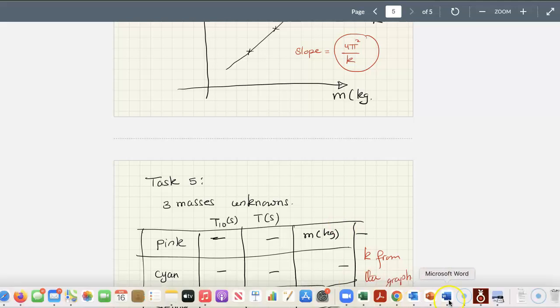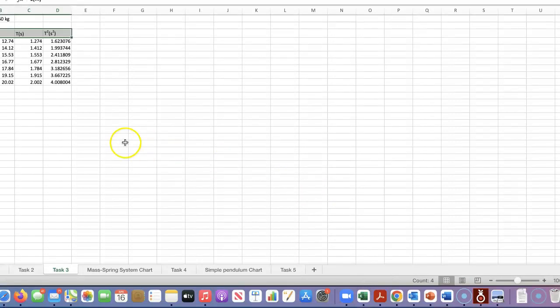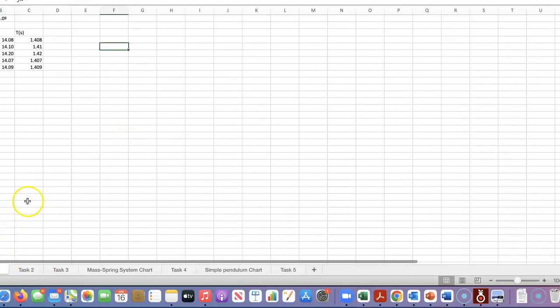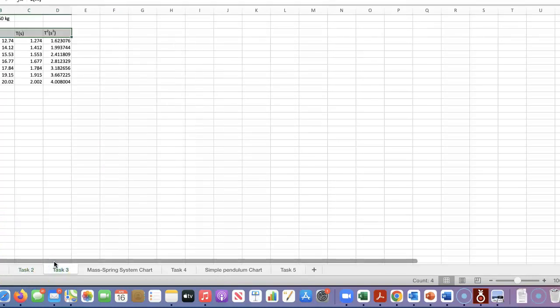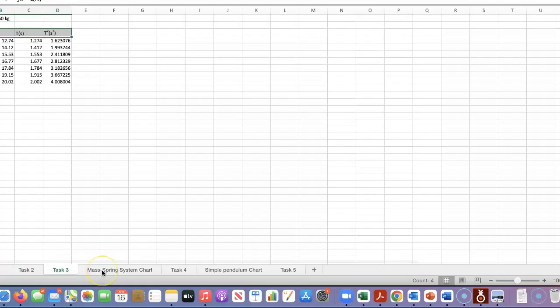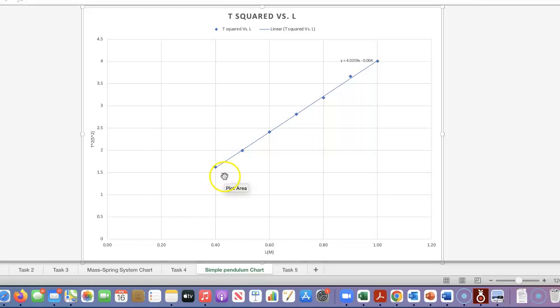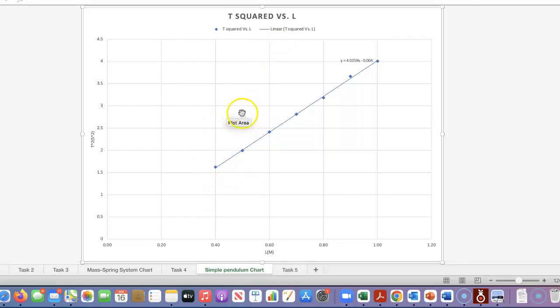One more thing is showing you my data here. This is my task number 1. This is my task number 2. This is my task number 3, and that is really the chart, the T squared versus L. I should have, of course, the equation of the straight line on the graph.